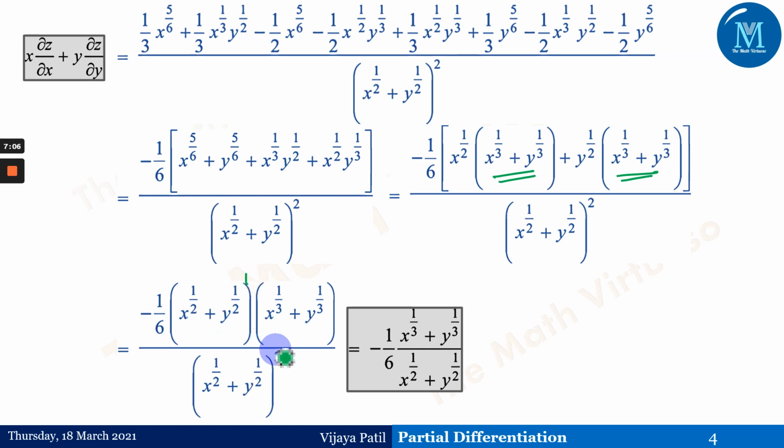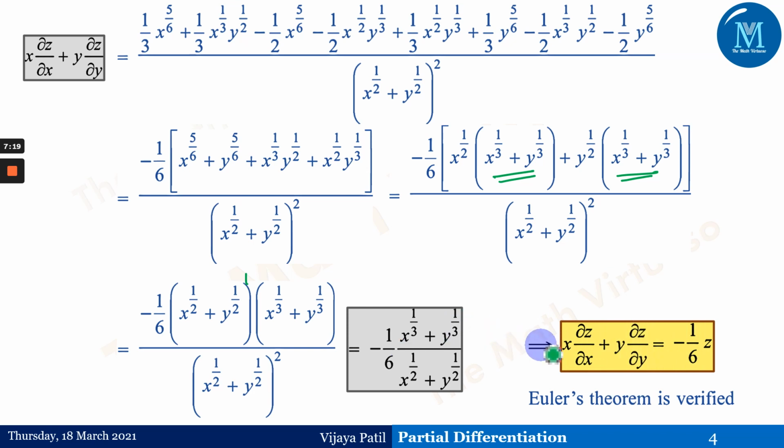So 1 will go off from here and will remain here as x to the power 1 by 3 plus y to the power 1 by 3 divided by x to the power 1 by 2 plus y to the power 1 by 2, along with minus 1 by 6, and that would give us x ∂z/∂x plus y ∂z/∂y is equal to minus 1 by 6 times z.